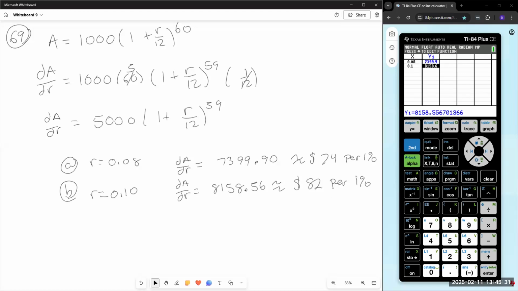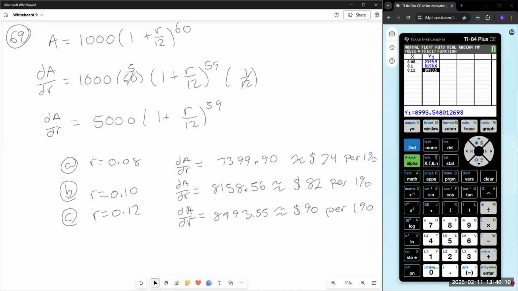And part C asks us if R is 0.12, then dA/dR will be, and we're going to make this 0.12, that's 12%. And we have 899.355, but we're going to say that that's about $90 per 1%.